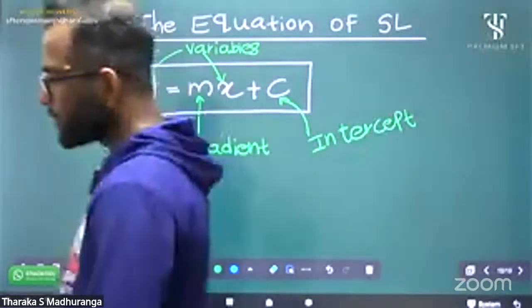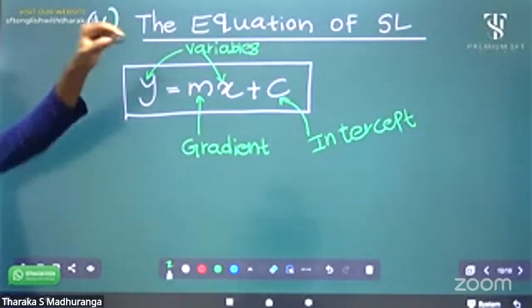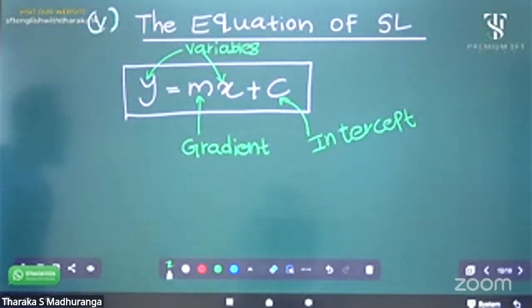Let's write down the topic: the equation of a straight line. The common equation of any type of straight line is y equal mx plus c.